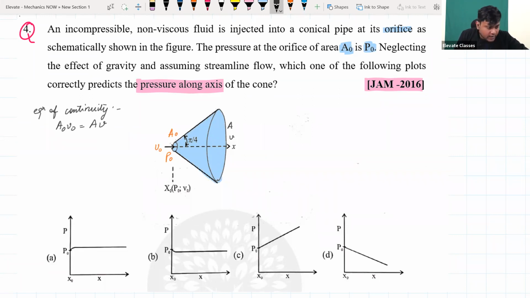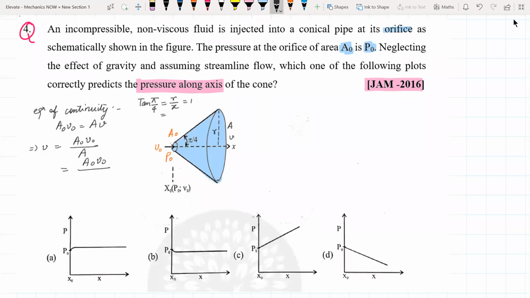Therefore I can say that V is equal to A naught V naught upon A. So what is A naught? It's not given in the question, A naught, and V naught is also not given in the question, but A is equal to, let's suppose this radius is R. Now this angle is given to us, so tan pi by 4 is equal to R upon X. What is tan pi by 4? 1.